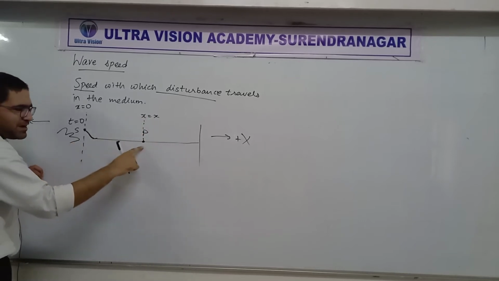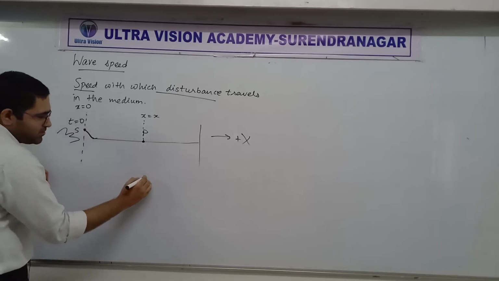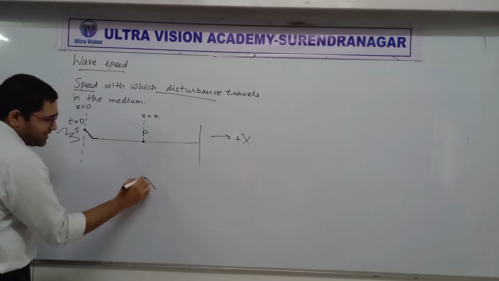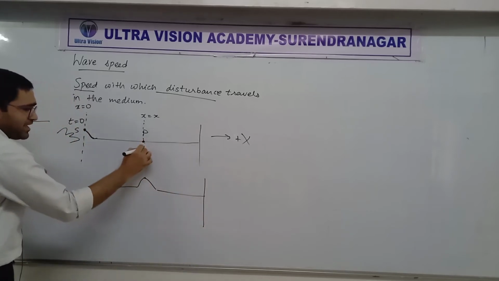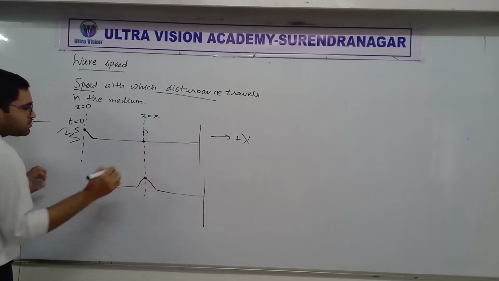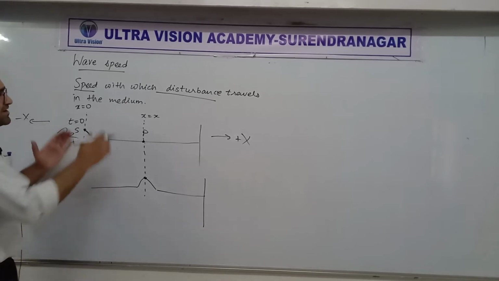Then when will this particle be in the same position or the same situation as the source is? At that time, do you realize the picture will be something like this? So what is wave speed?